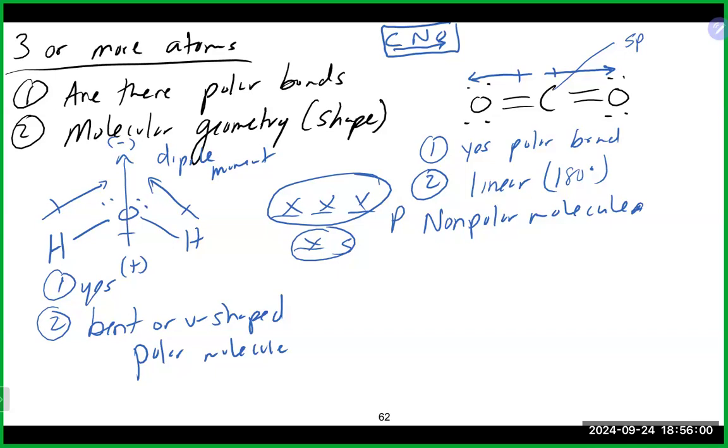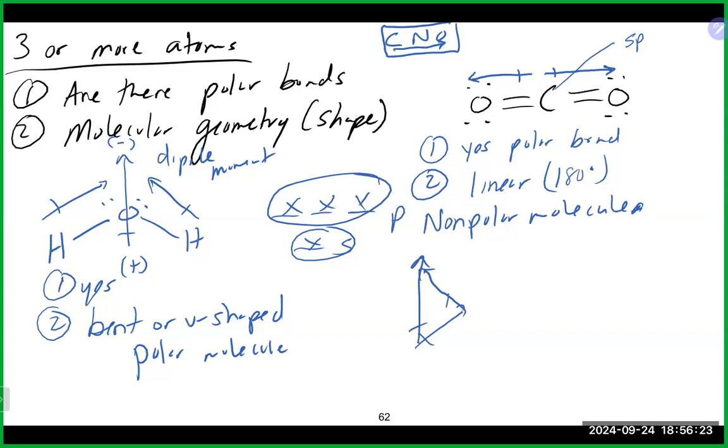Anywhere where you're not heading in equal and opposite directions, they will not cancel each other out. For example, if you added the vectors together, head to tail, they add together and head net that way. And that's why in water, we end up with a net dipole moment heading through the oxygen.